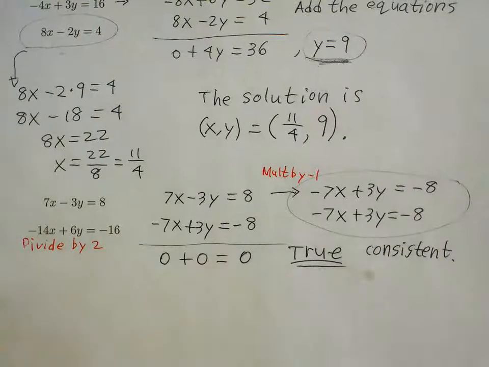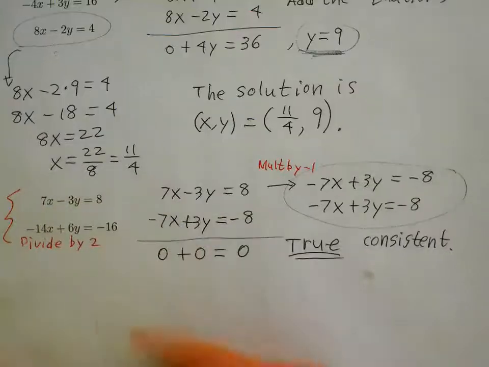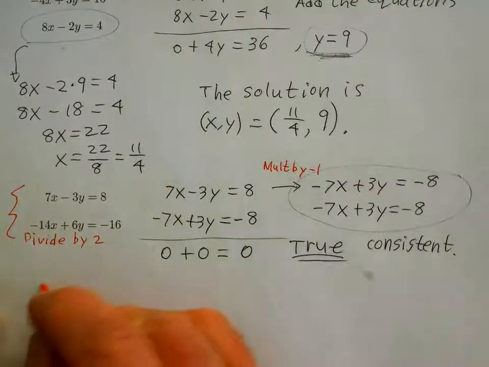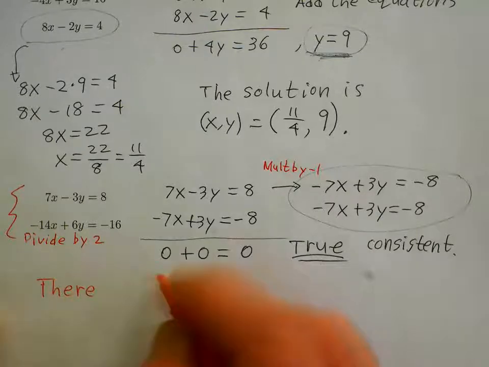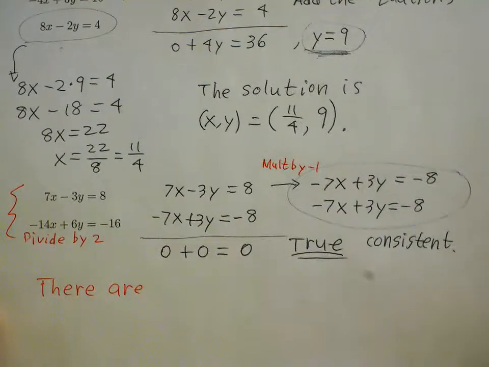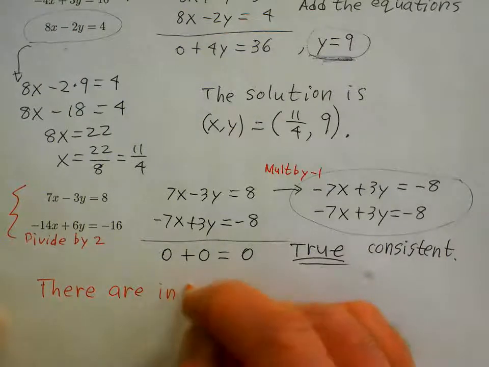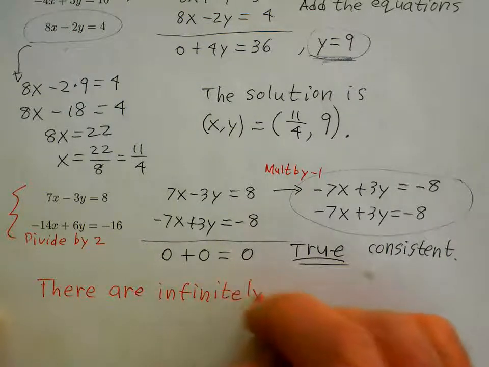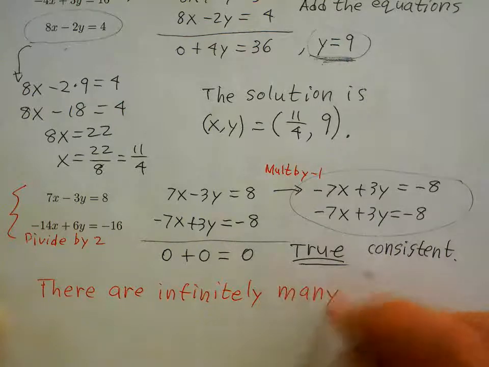So when you graph those two lines, you get the same line. Every point on one line is also a point on the other. So the number of points where the two lines intersect is infinitely many. This means the system has infinitely many solutions, because the two lines are exactly the same line.